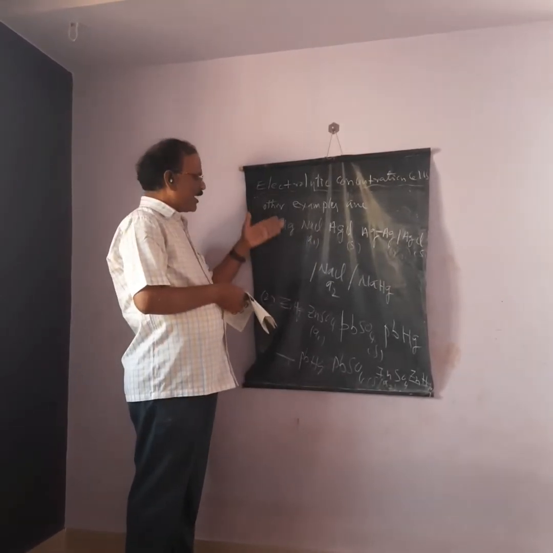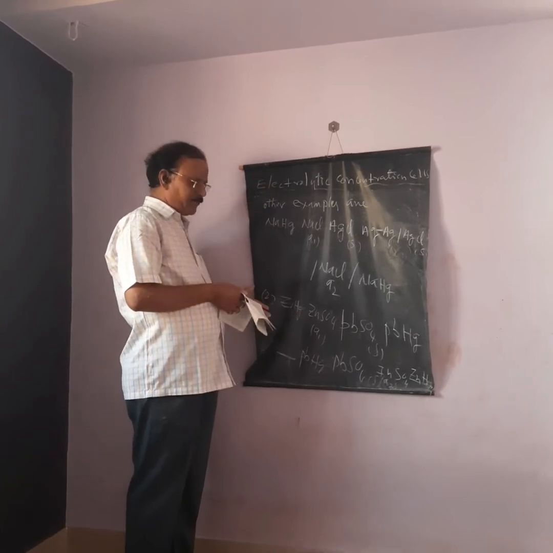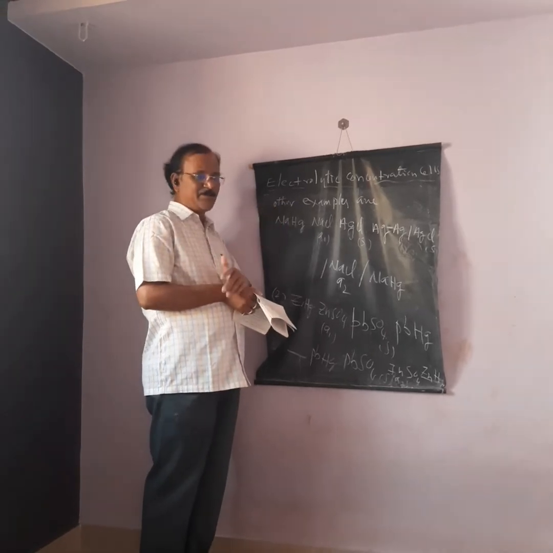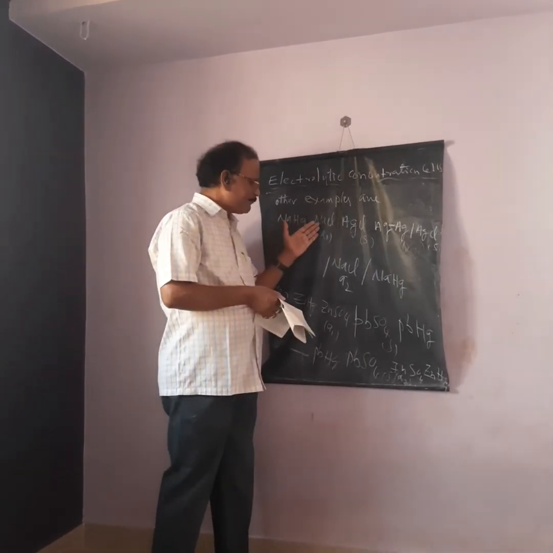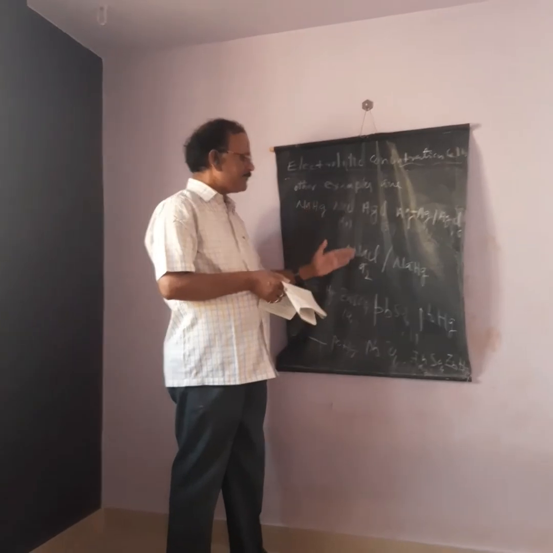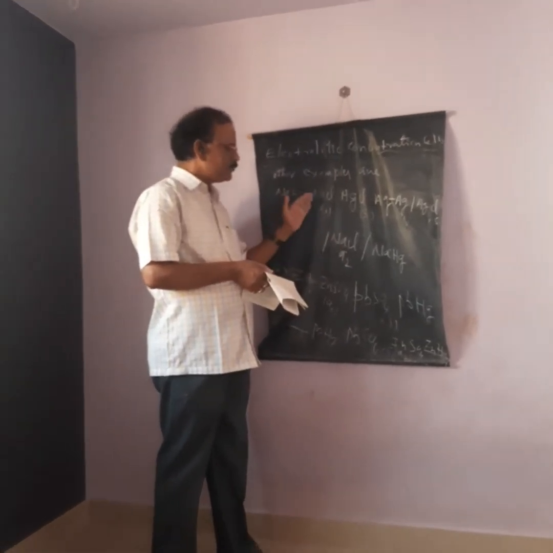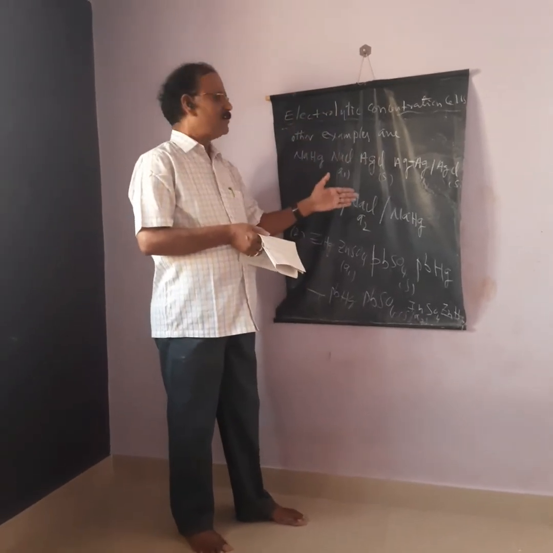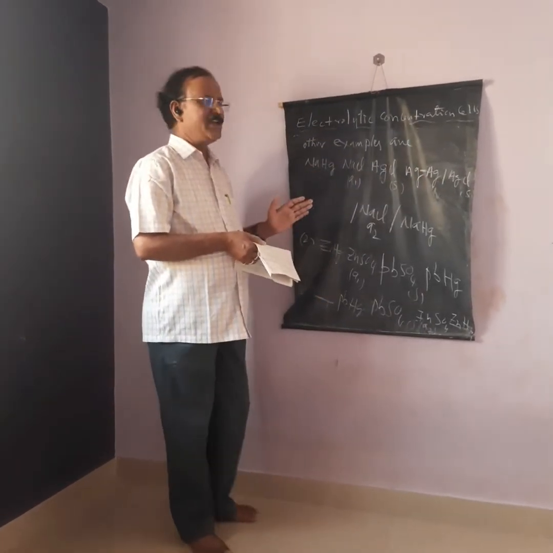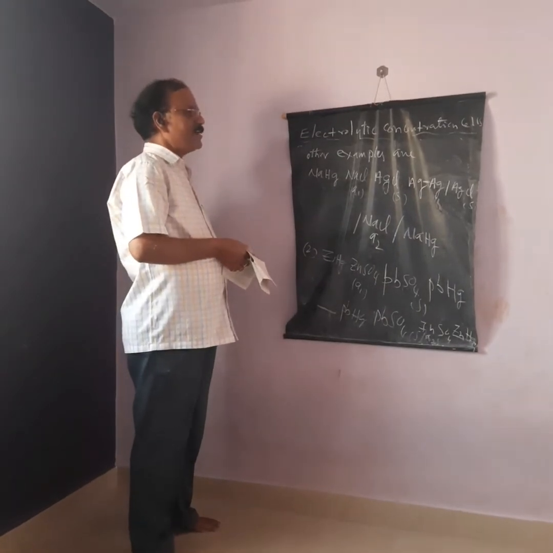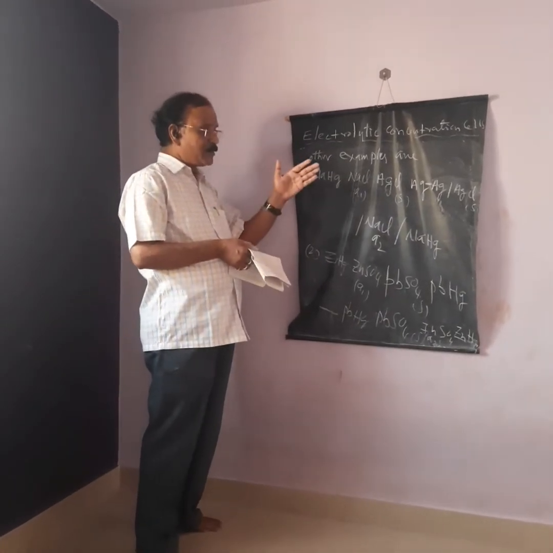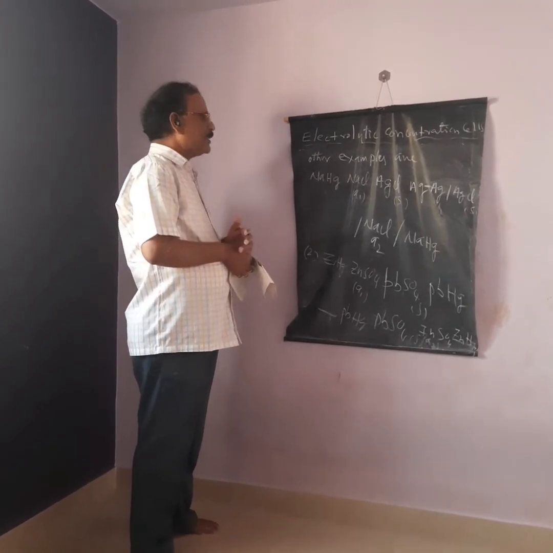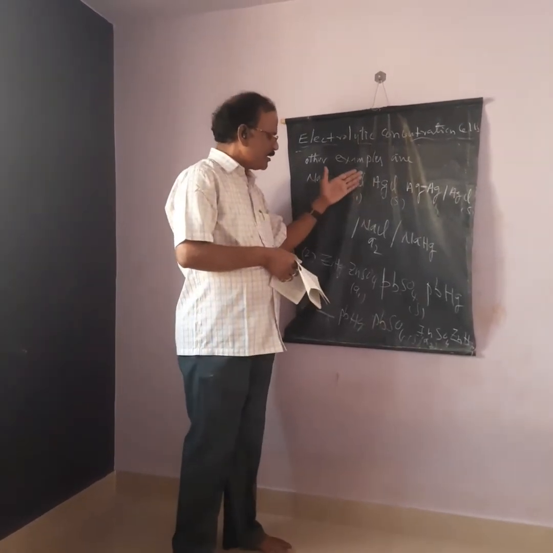So now we are giving examples 1, 2, 3 and 4. These are electrolytic concentration cells without transport. That means the two solutions are not in direct contact with each other, and between them there is an assembly, either a salt bridge or an assembly like this. Then these are called electrolytic concentration cells without transference. With transference means these two solutions are in direct contact.